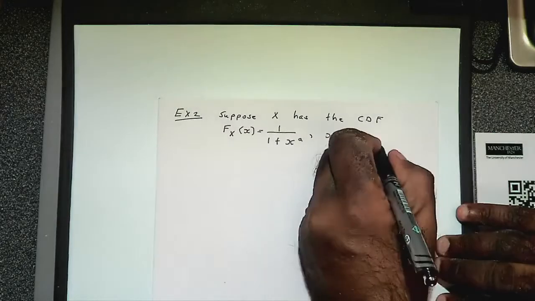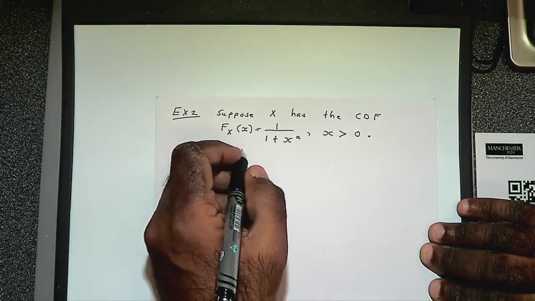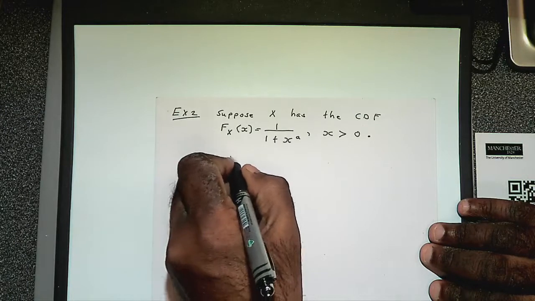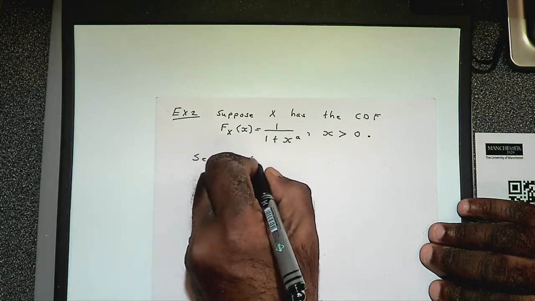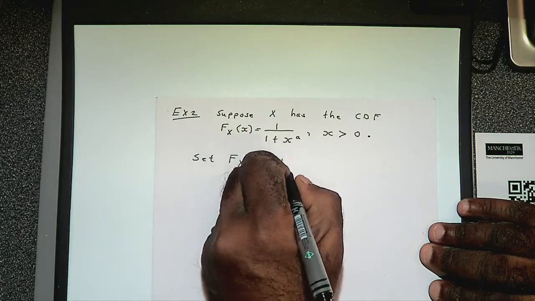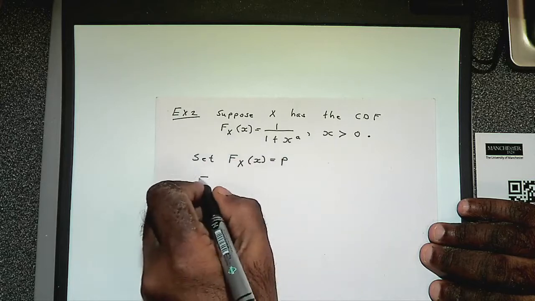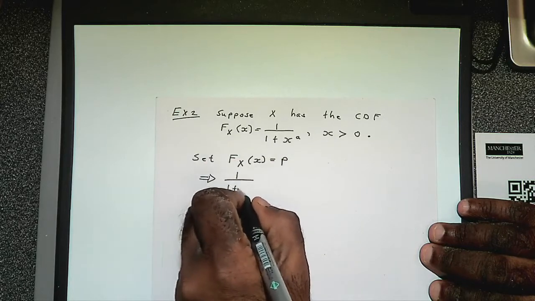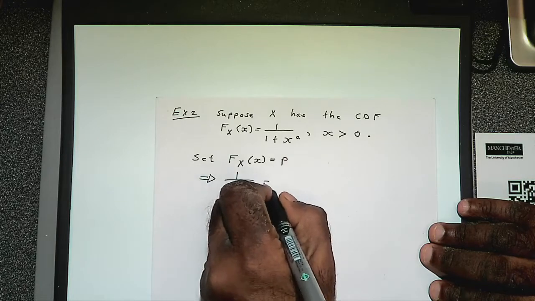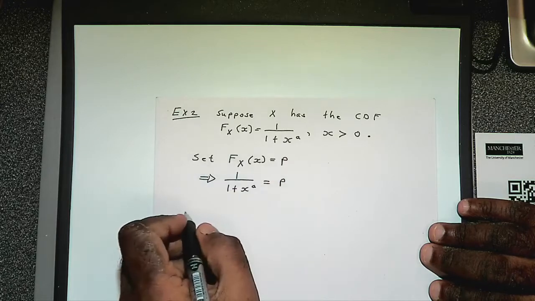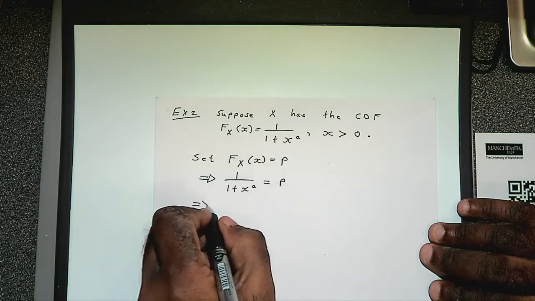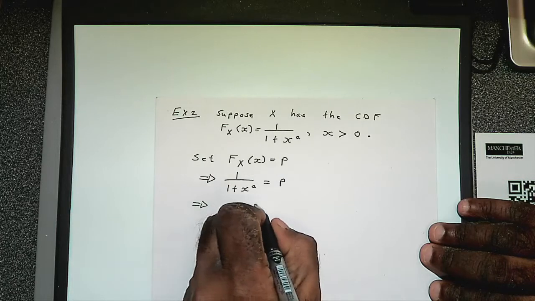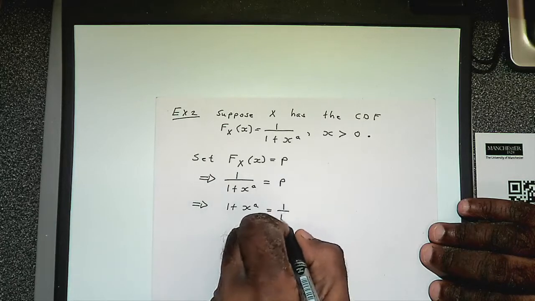Alright, so the first thing is to find the inverse CDF. So you set the CDF equal to p, right? Yeah. So this becomes 1 plus x over a is equal to 1 over p.